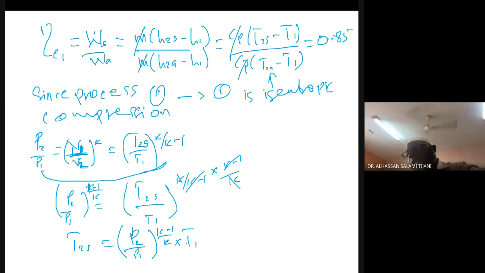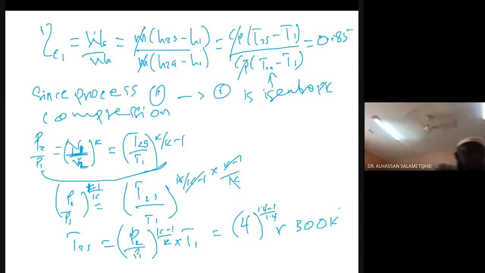So now, the pressure ratio equals 4, into bracket 1.4 minus 1 divided by 1.4, times 300 Kelvin. Can somebody calculate this for us? Anybody with a scientific calculator?